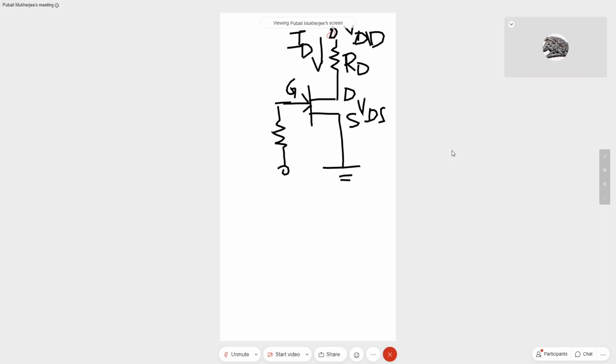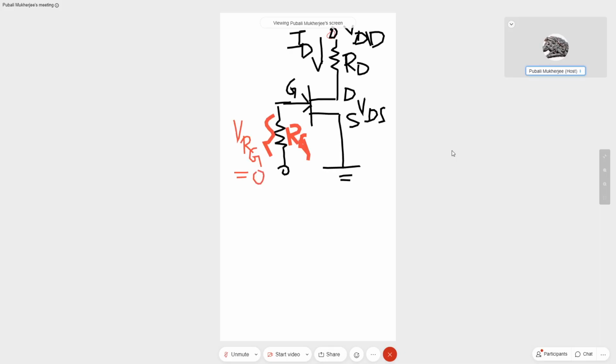This is RG, and the drop across RG, what we call VRG, was equal to 0 because IG was 0.